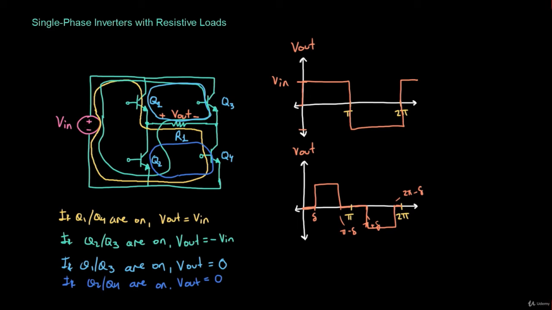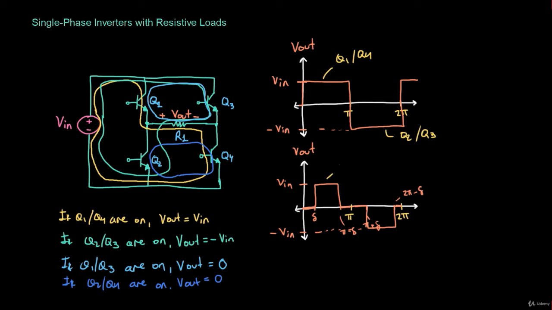This point right here would be minus Vin. And likewise here at the bottom, this point right here would be Vin. This point right here would be minus Vin. And then I'm going to go ahead and write down the transistors that are being on during each state. So here we said that Q1 and Q4 are on. Here we said that Q2 and Q3 were on.